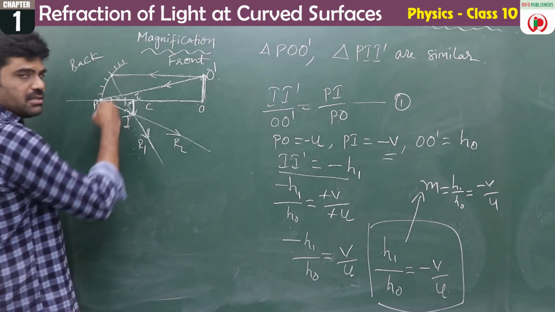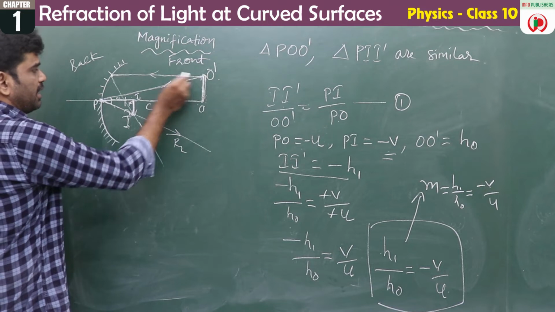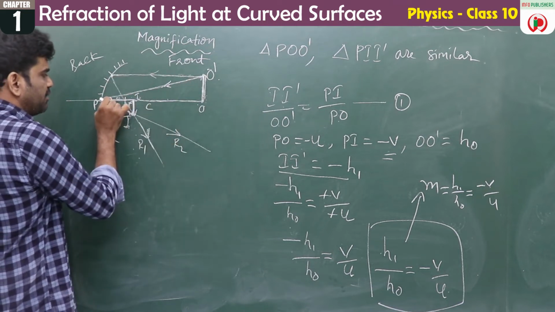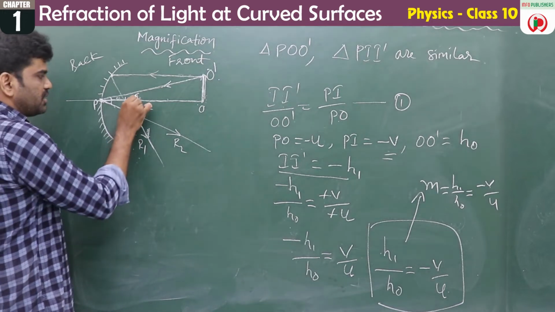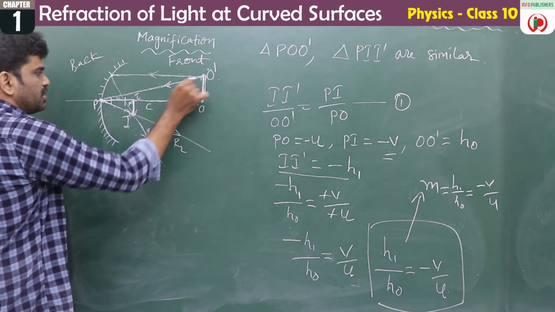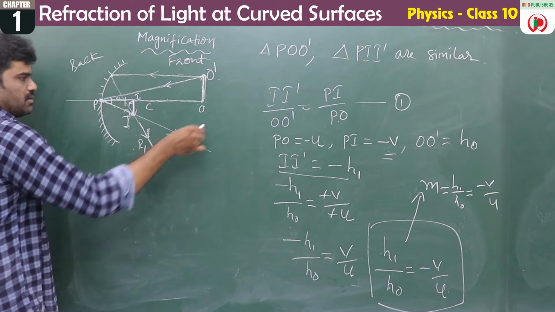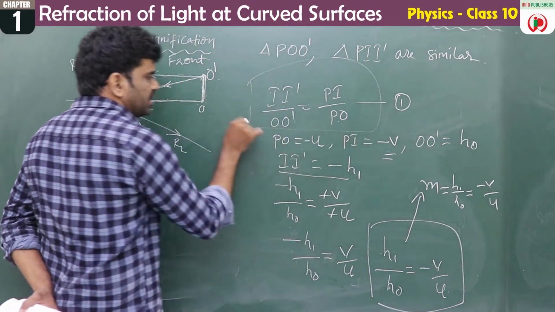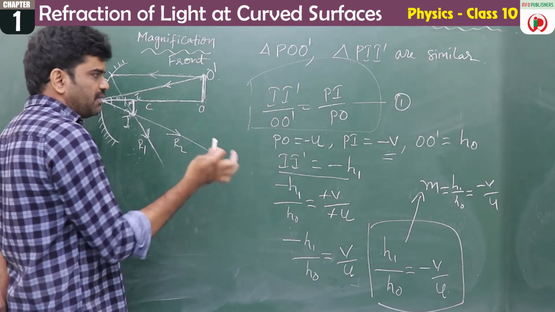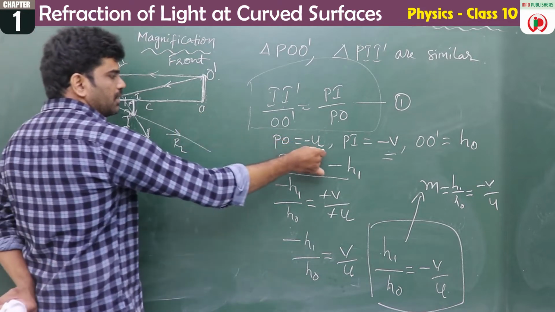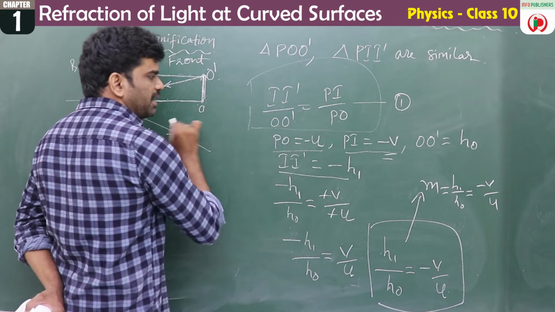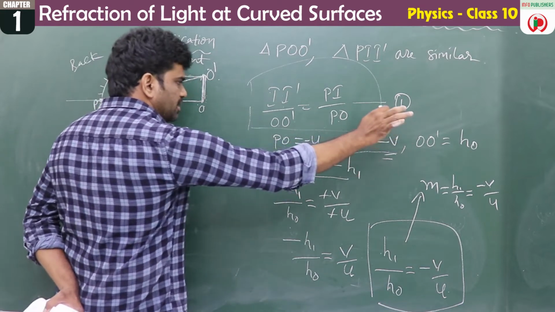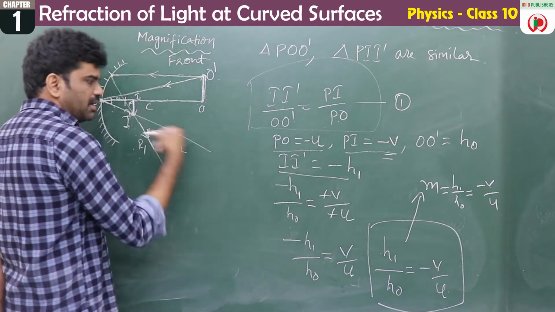See, this is the way. Once again I repeat, this is the concave mirror. The one ray and the second ray meet at P. These two rays are meeting here, which is our image I dash, and this is O dash. These two triangles are similar, so that is why we got this equation. And we know according to sign convention PO is U. In front means minus U, and PI is also in front, minus V. Height of the object is positive, image is inverted, negative.